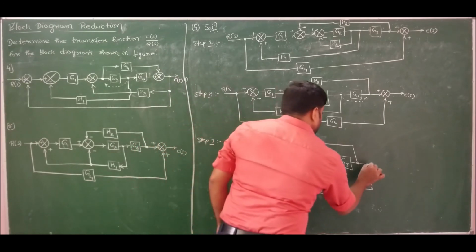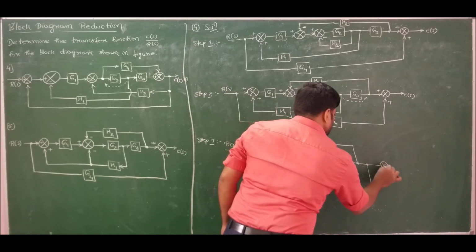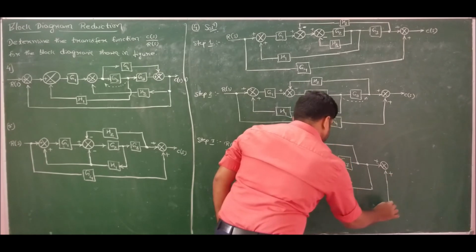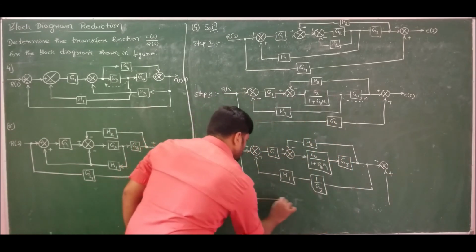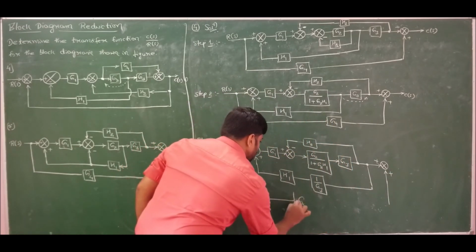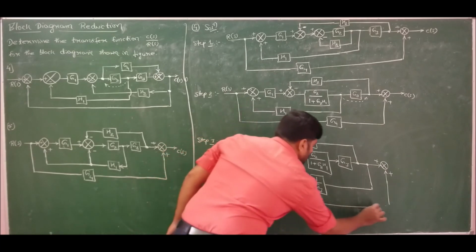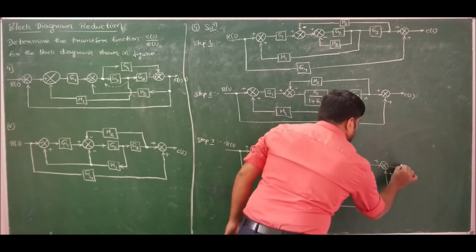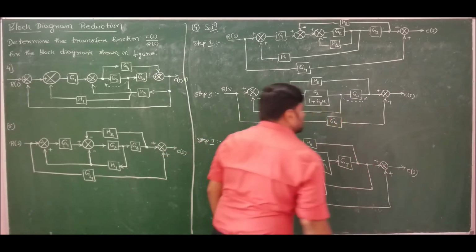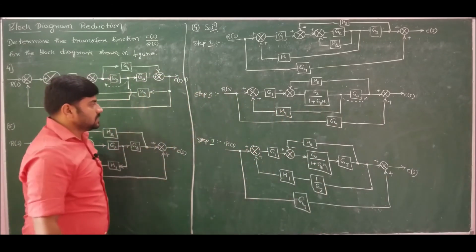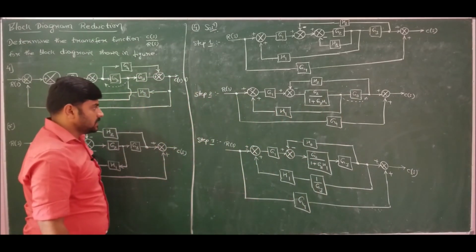And finally we have a summing point, plus, we have G4 which is in parallel with all this. The output is C of S. So this is what we arrived at in step number 3.